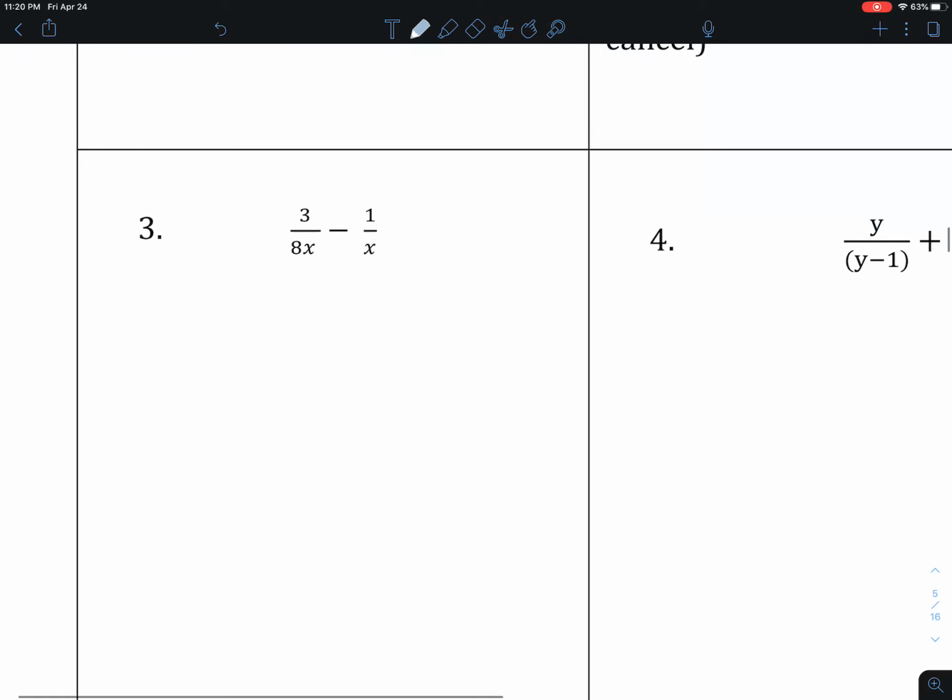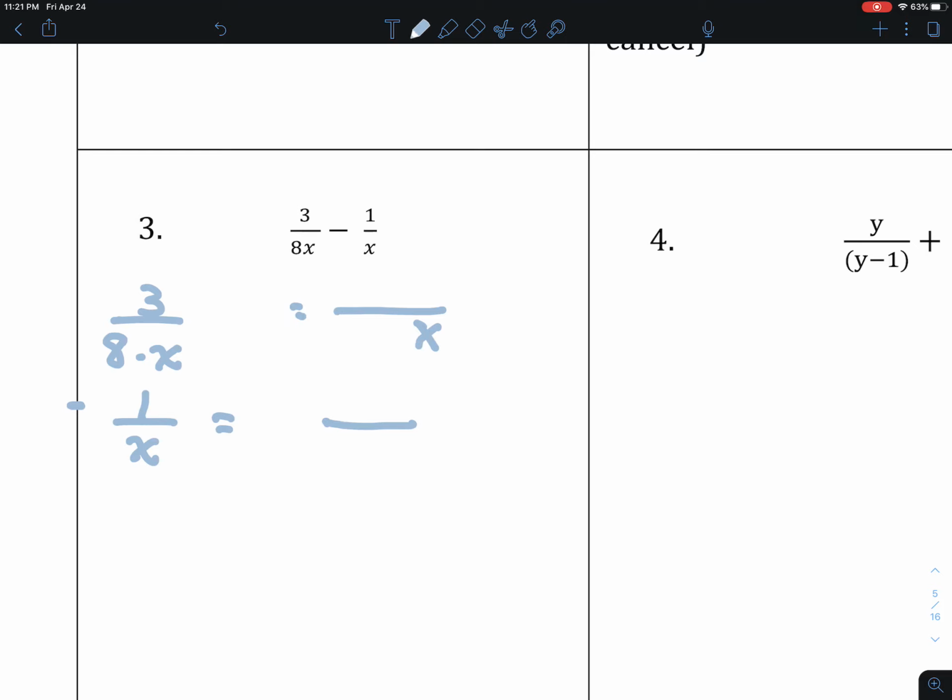Okay, what if they don't have the same denominator, like in number 3? So we can say this is 3 over, and if I were to write the factors of 8x, it would be 8 times x, minus 1 over x. What do you think is going to be my common denominator?